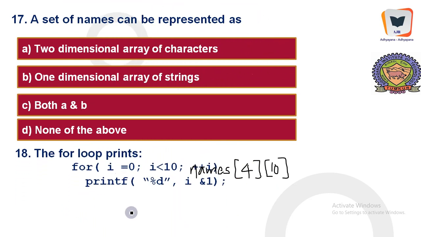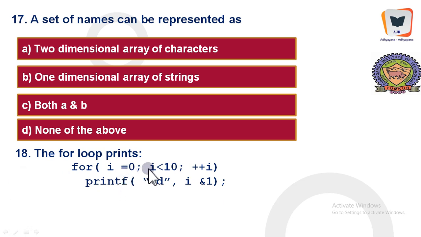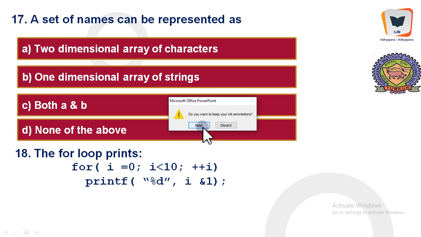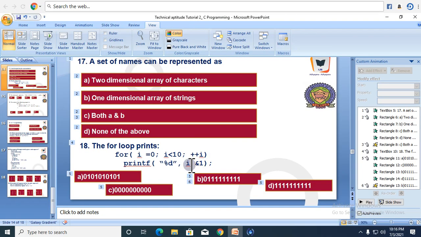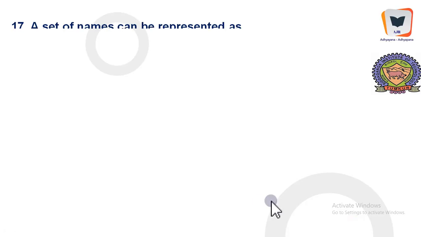The for loop over here prints for i equal to 0, i less than 10, ++i: printf("%d", i && 1). There should be a double ampersand over here.